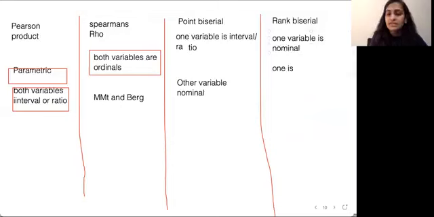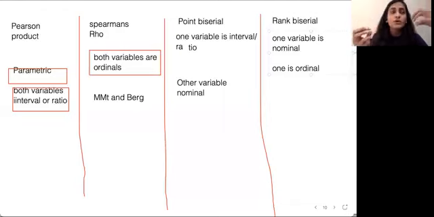and one is ordinal. Okay, so there are four types of correlation coefficient. You have Pearson product correlation coefficient, you have Spearman's rho correlation coefficient, you have point biserial and rank biserial. Pearson product means both your variables are going to be parametric data.